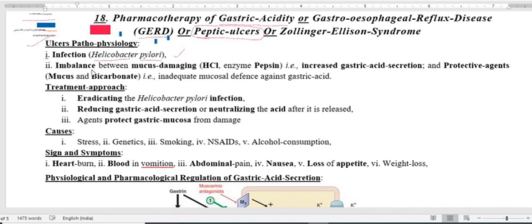And another condition which leads to peptic ulcer is when there is an imbalance between the mucus-damaging conditions and the protective agents. If such an imbalance occurs, it may result in peptic ulcer.